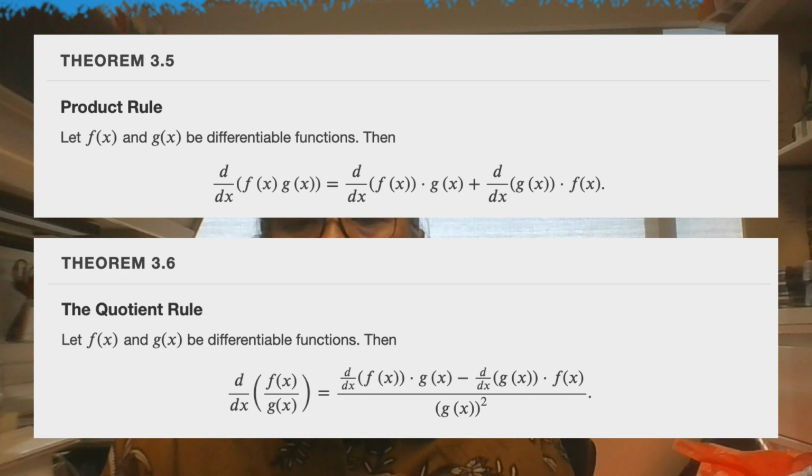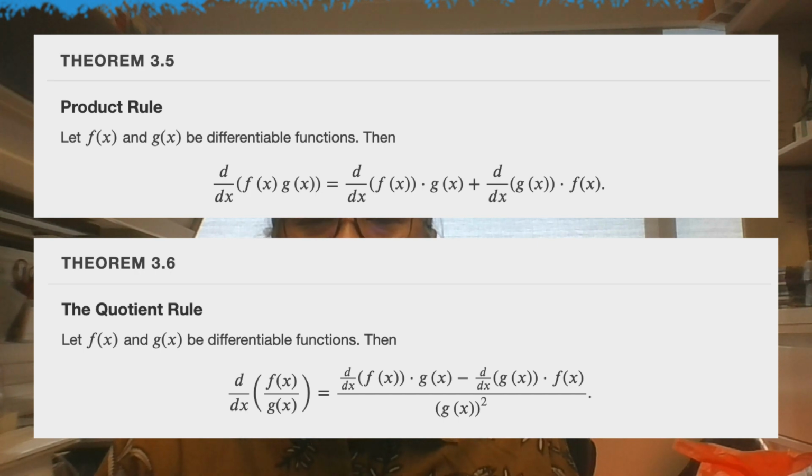One way that I remember this is low d high, or ho d high, if you let your low be ho and let your high be high. So the high is the numerator, the low is the denominator. So it's ho d high minus high d ho.